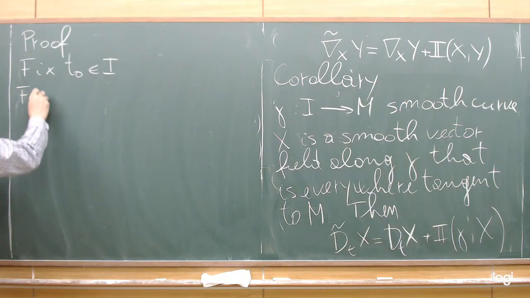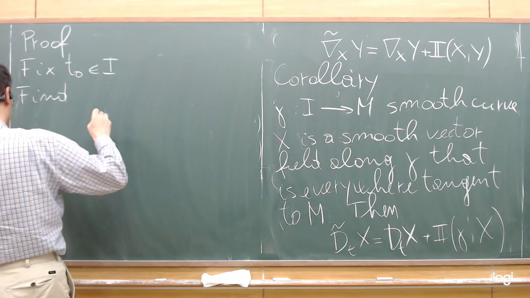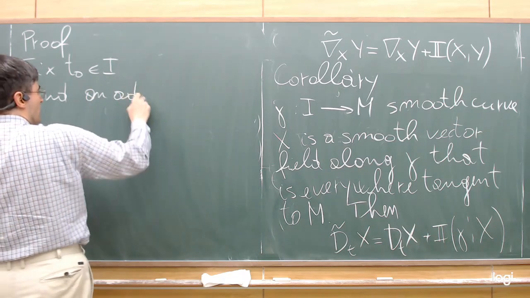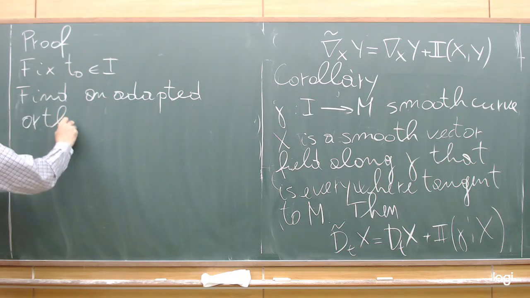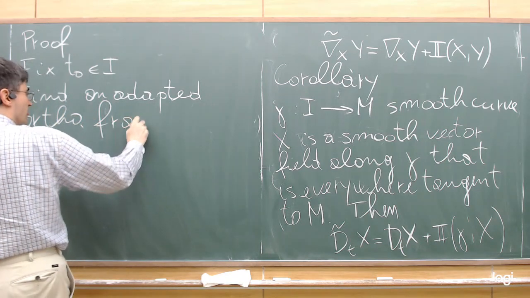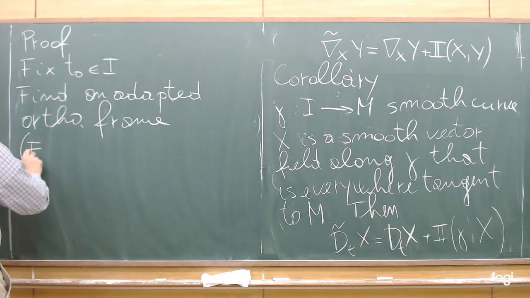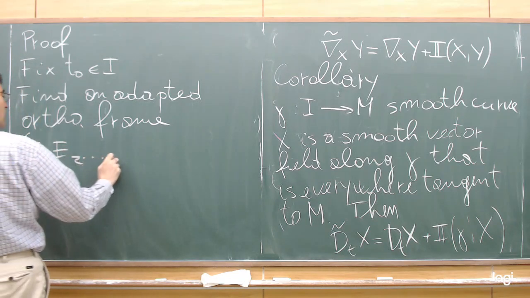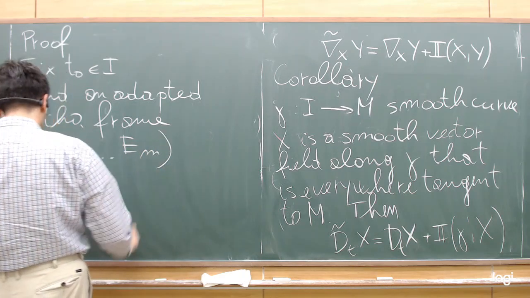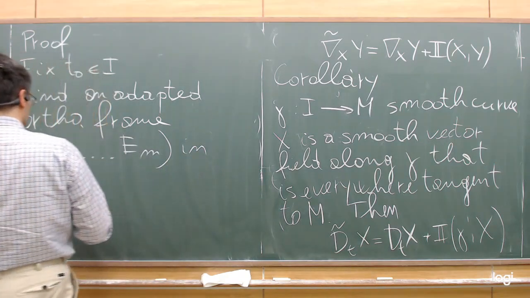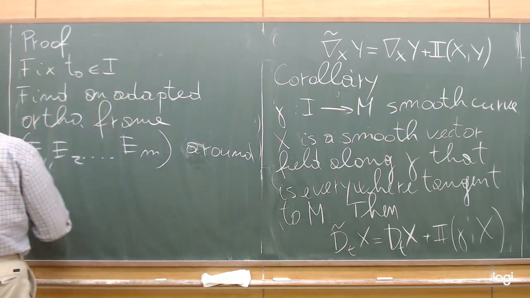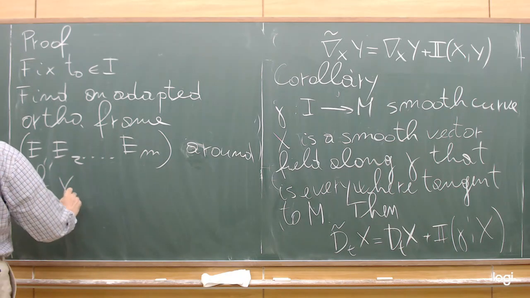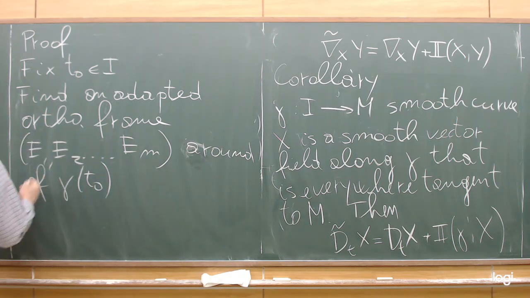So find an adapted orthonormal frame E1, E2, ..., Em in a neighborhood around gamma of t0.